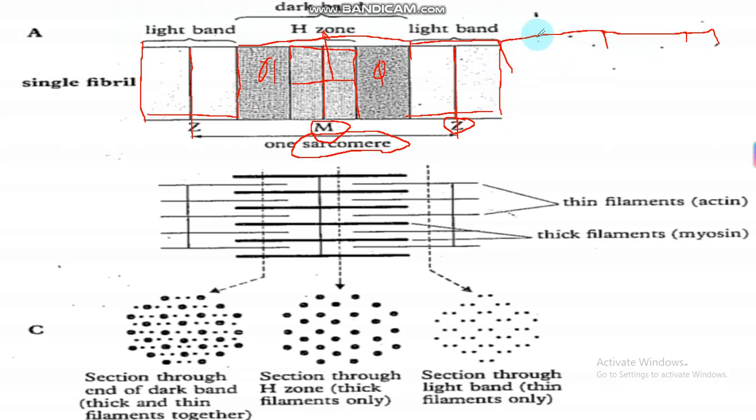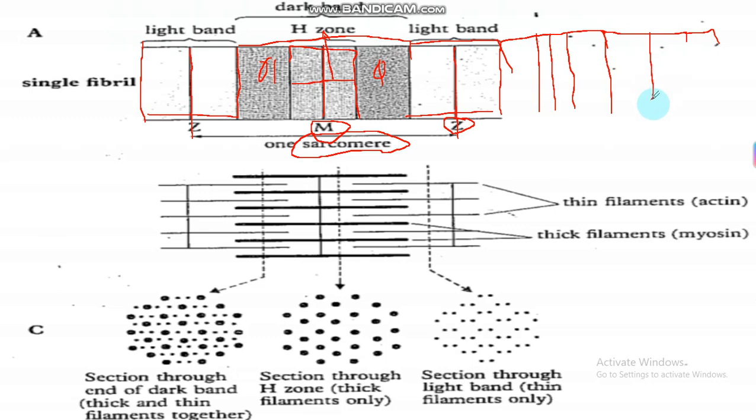But we know that in the middle of the dark band, there is another zone which is lighter, which we call the H zone. Then in the middle of the H zone, there is a thick line, which we call the M line.